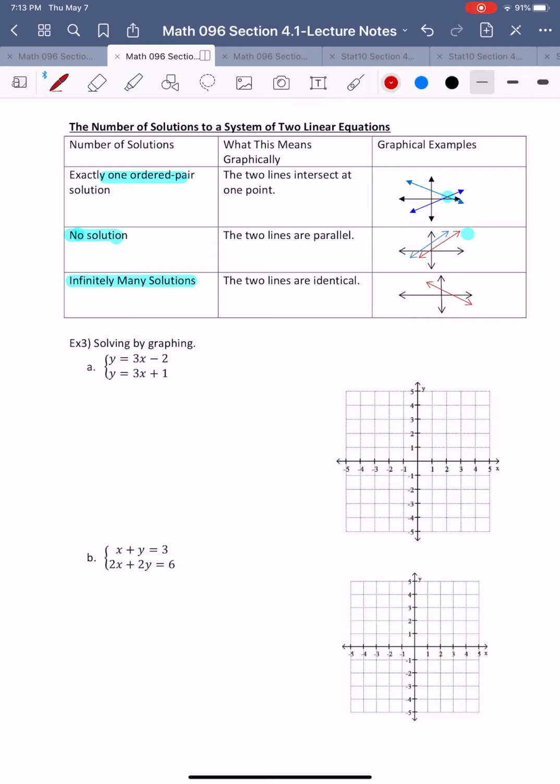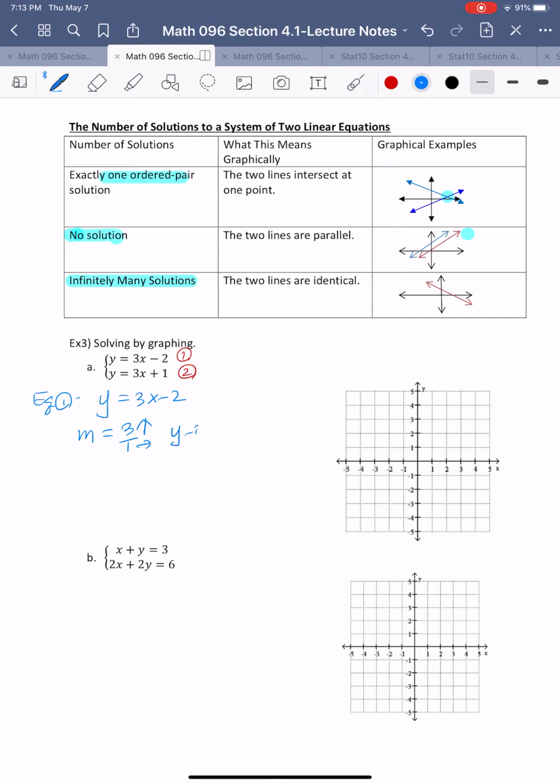So label 1 and 2, okay? So equation 1 first, okay? So y equals 3x minus 2, which we don't need to solve for y. So the slope is 3 over 1, which is up 3, right 1.